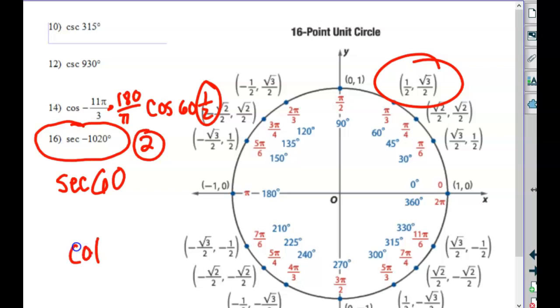What if it was cotangent of pi? Cotangent would be x over y. Negative 1 over 0 is undefined. Okay? What if it was the secant of 90?